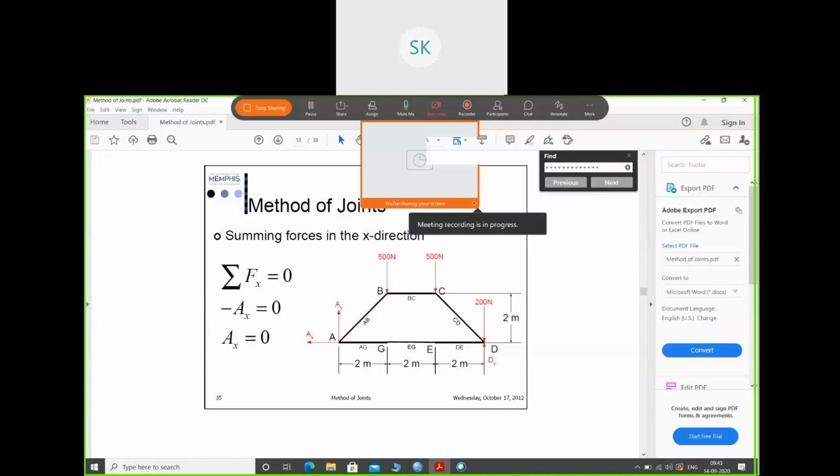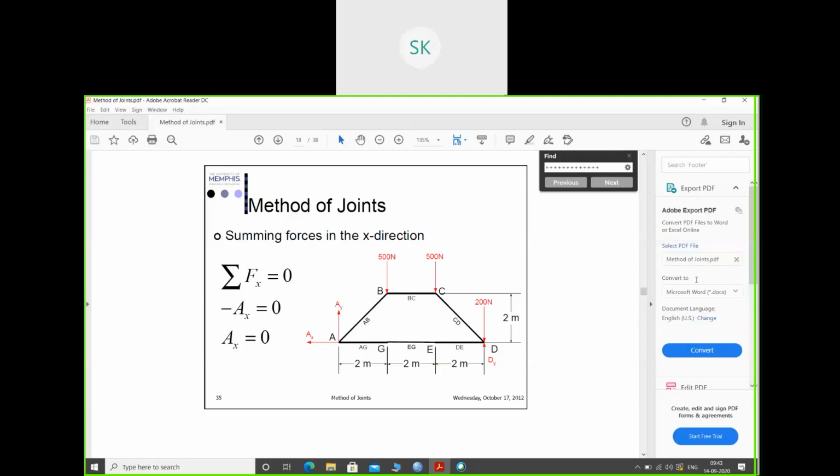Let me share once again. Now the screen is visible.